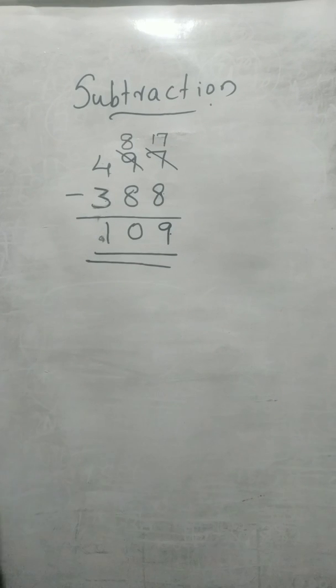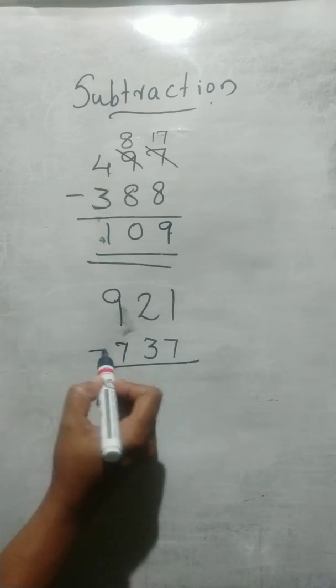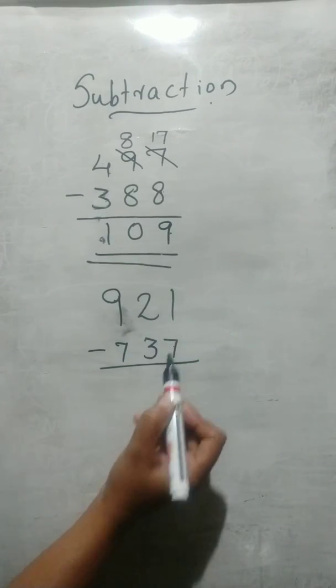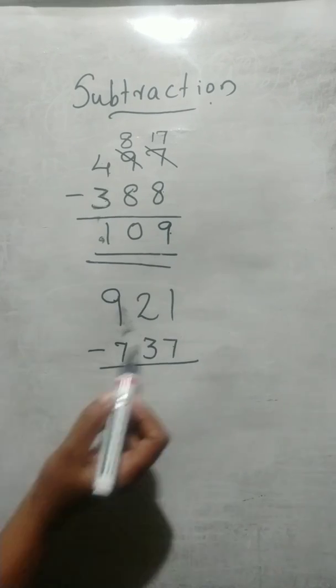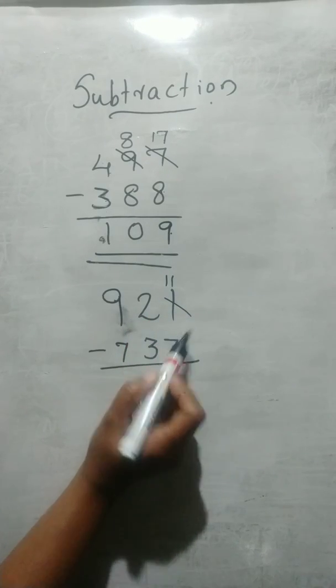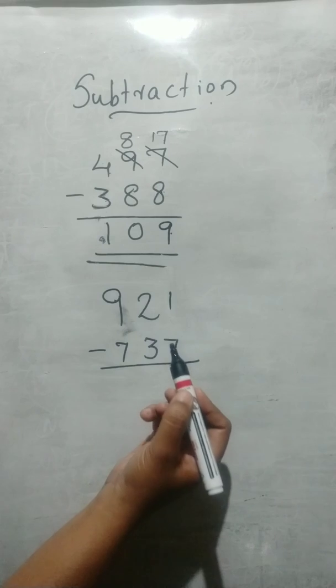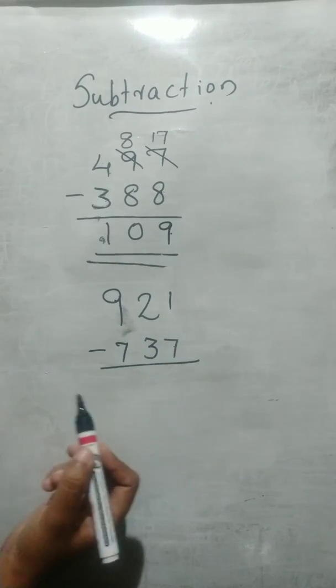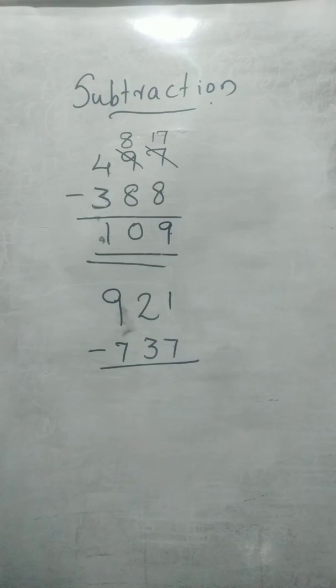Okay. Then another question. 921 minus 737. How can we do? Here we have to cut this one. This one will be 11. Why? Because if we are subtracting 7 from 1, the top number is smaller than the bottom number.